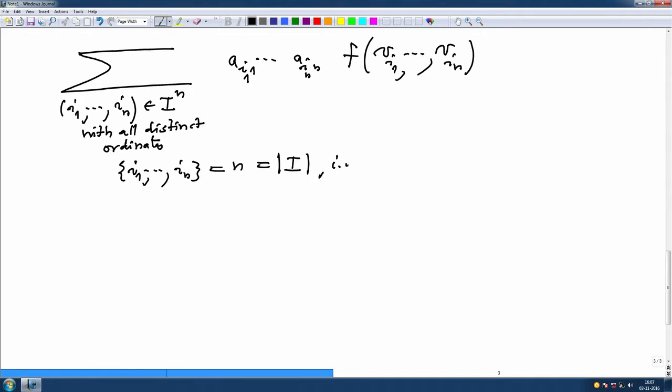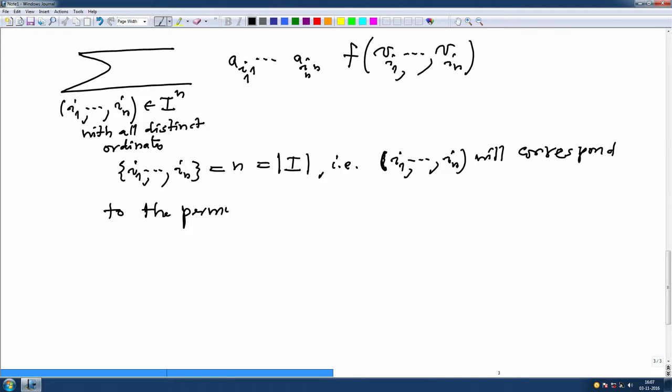So, this tuple i1 to in will correspond to the permutation sigma, where sigma is defined like this: image of 1 is i1, image of 2 is i2, image of n is in. This is a permutation on I.